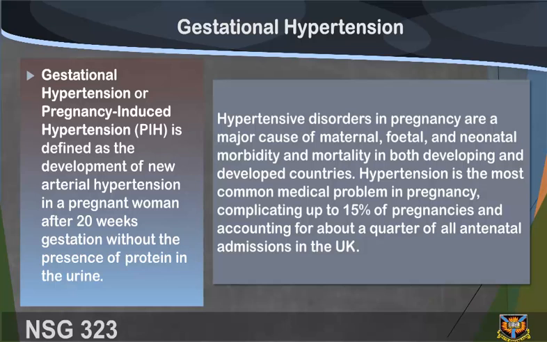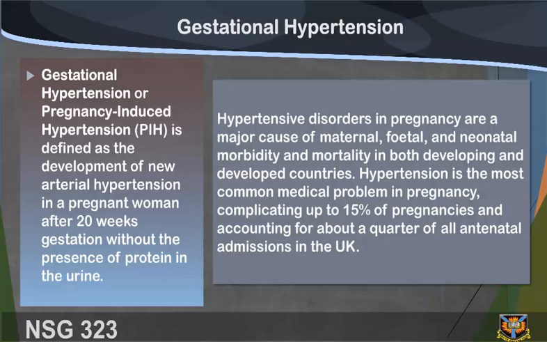Gestational hypertension. Gestational hypertension, or pregnancy-induced hypertension, PIH, is defined as the development of new arterial hypertension in a pregnant woman after 20 weeks gestation without the presence of protein in the urine.